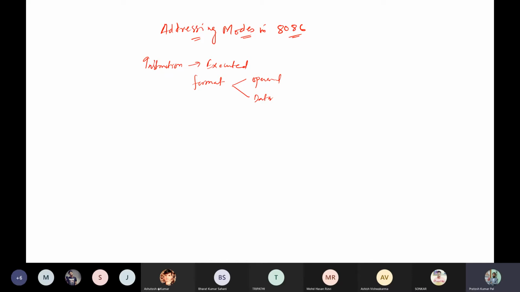In that instruction, we have some set of methods, so that if we use that method to represent an instruction to the 8086, then the 8086 is aware of the format we are providing, the two operands.